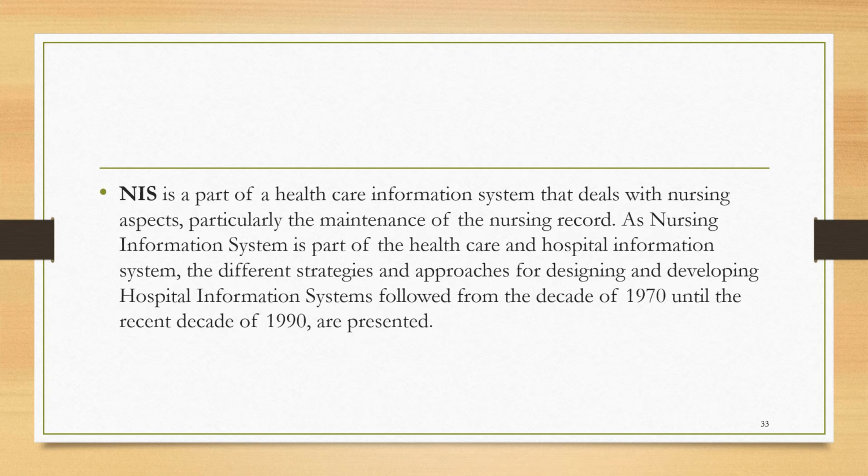A nursing information system is a part of healthcare information system that deals with nursing aspects, particularly the maintenance of the nursing record. As nursing information system is a part of healthcare and hospital information system, the different strategies and approaches for designing and developing hospital information systems followed from the decade of 1970 until the recent decade of 1990 are presented.